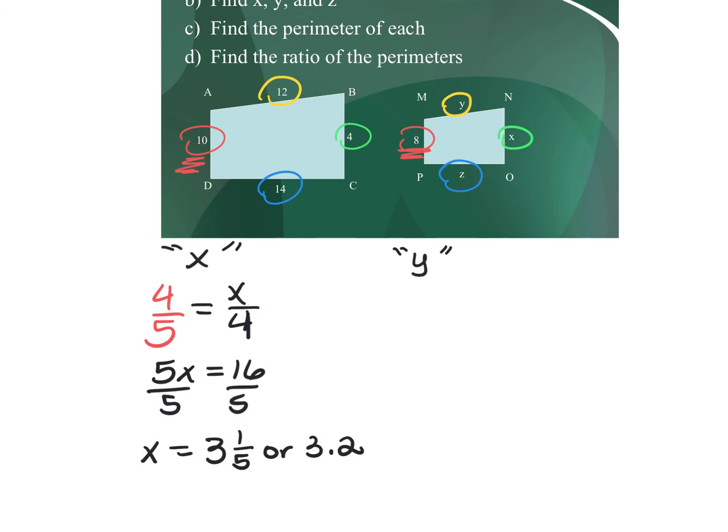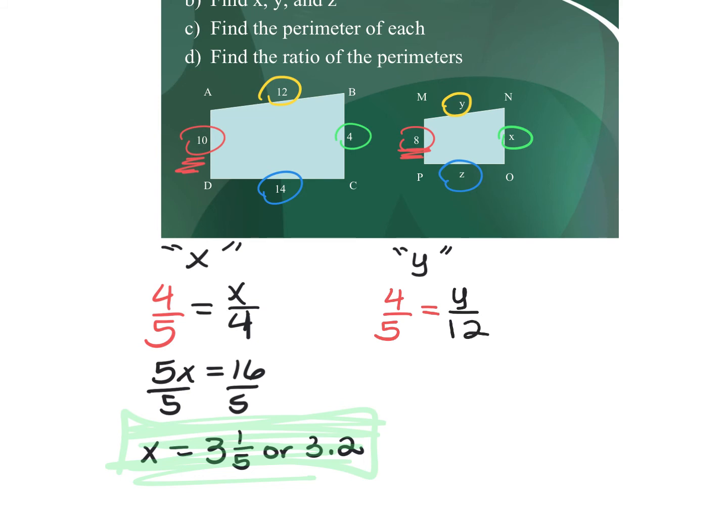Now to find y, which was in yellow. And now I'll do the yellow, but I'll still write it in black so it shows up better. I'm still using the same scale factor. And now I'm going to take my variable y. So it'll be y, and its corresponding side is the 12.